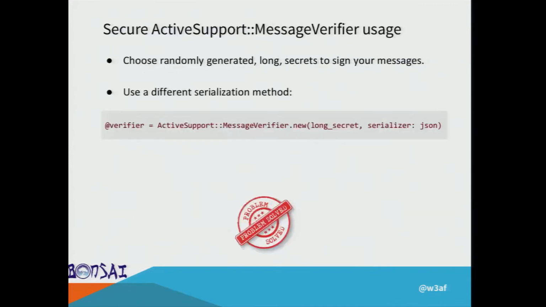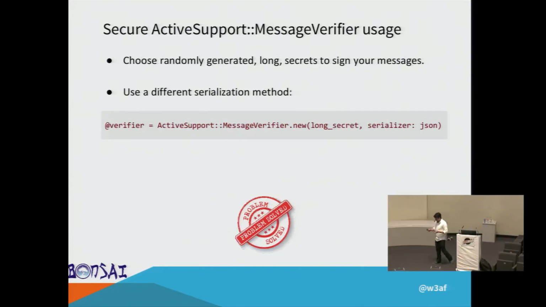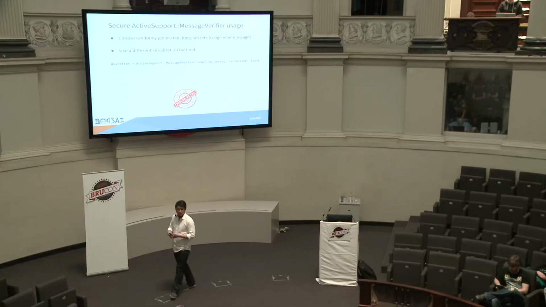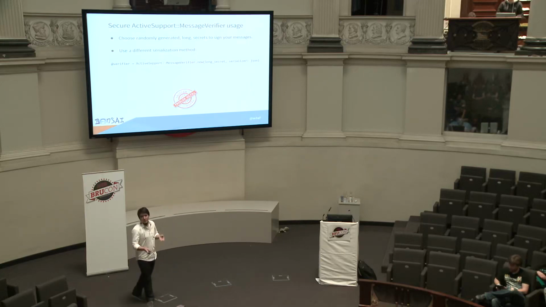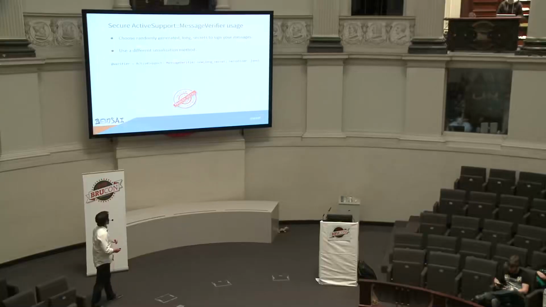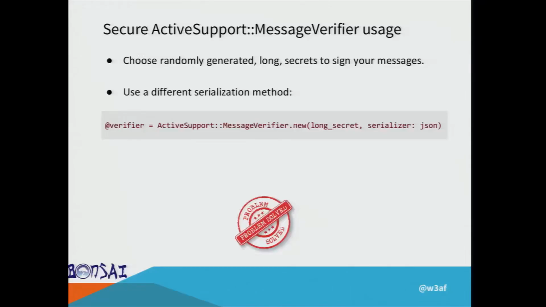This vulnerability is similar to ones that you might have seen in Ruby on Rails cookies. If the secret for a Ruby on Rails application is disclosed, then you can follow the same steps. The vulnerability is fixed by using long secrets for signing messages, or even much better, using a different serializer.